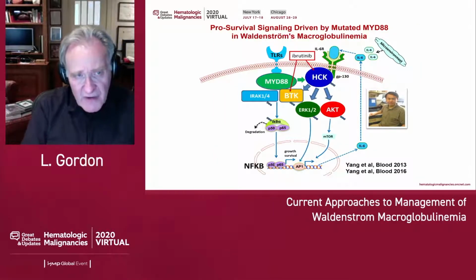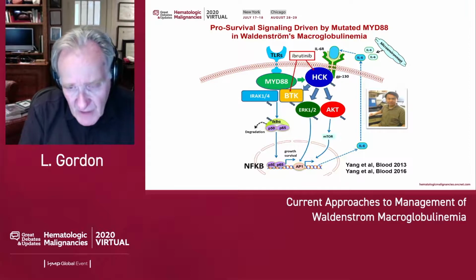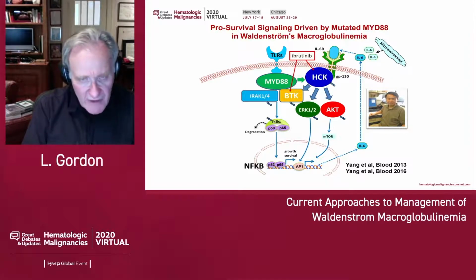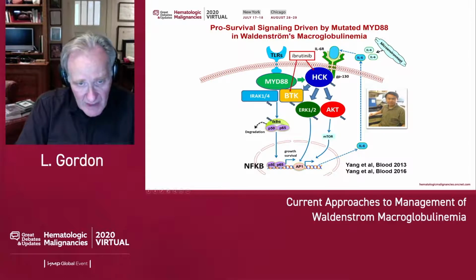And then their data presented. This is from work by Yang et al. in Blood in 2013 and 2016, looking at how pro-survival signaling is driven by the MYD88 mutation in Waldenstroms, probably with a role for hematopoietic cell kinase and Bruton's tyrosine kinase mediated by MYD88.